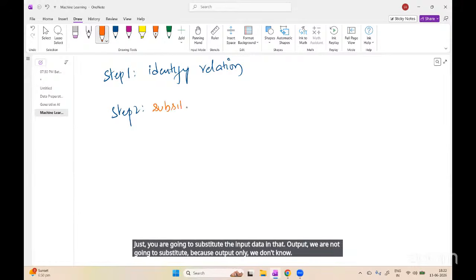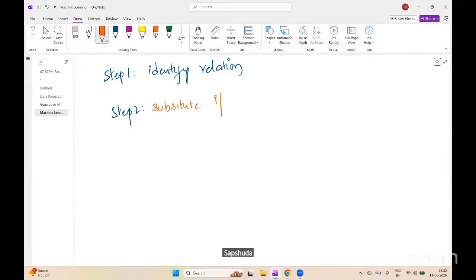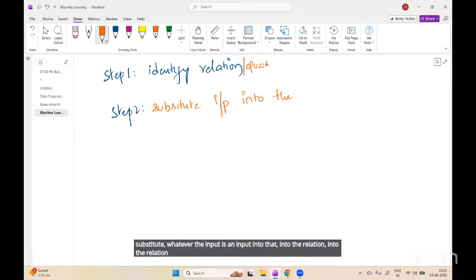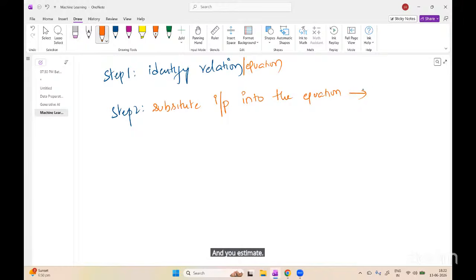Substitute the input into the relation or equation or whatever it is, and you estimate. Substituting that is nothing but estimation, which is also called as prediction.